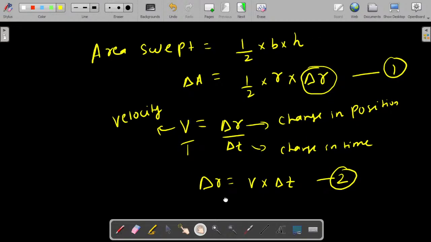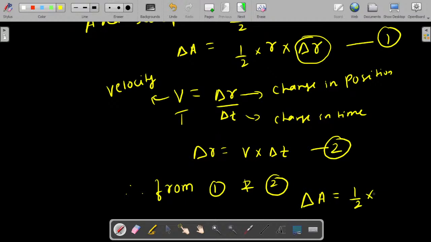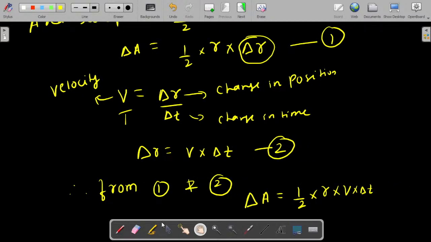Therefore, from 1 and 2, we can write delta A, area, is equal to half, base is R, and in place of delta R we will write here V into delta T. So this is delta A. Note down this thing.